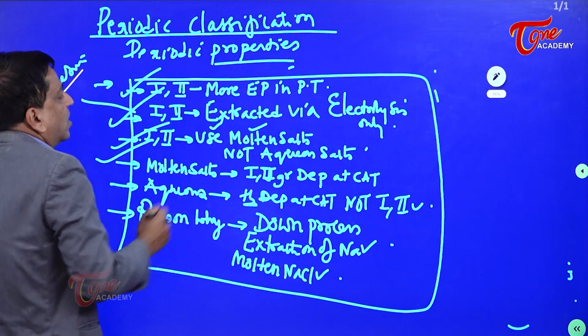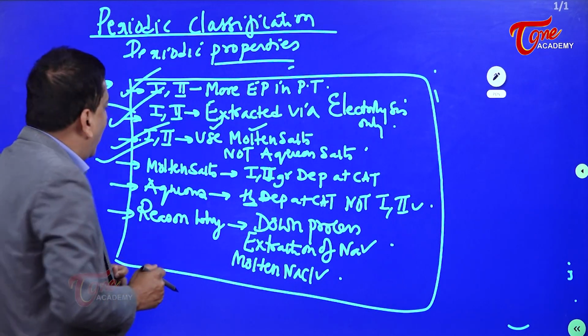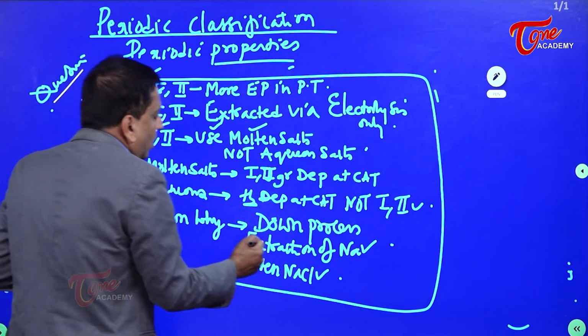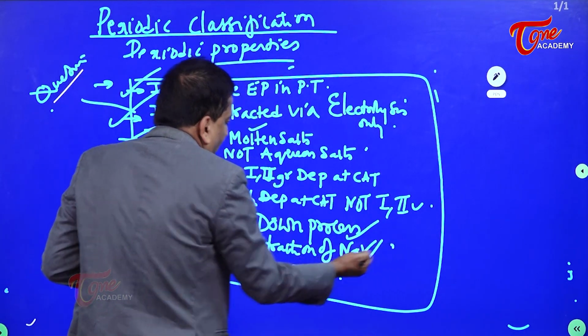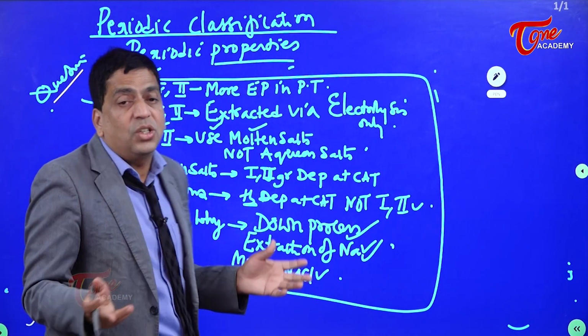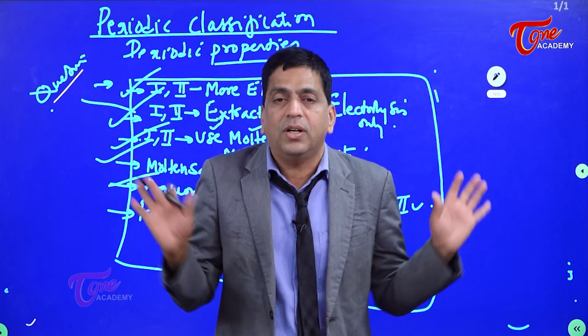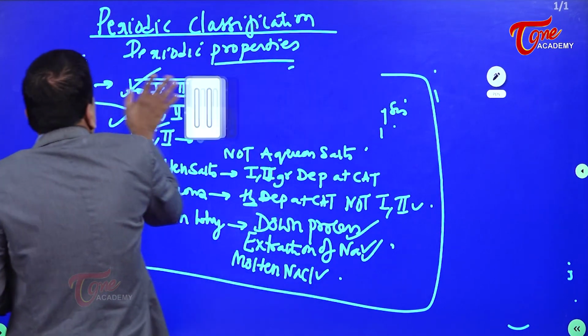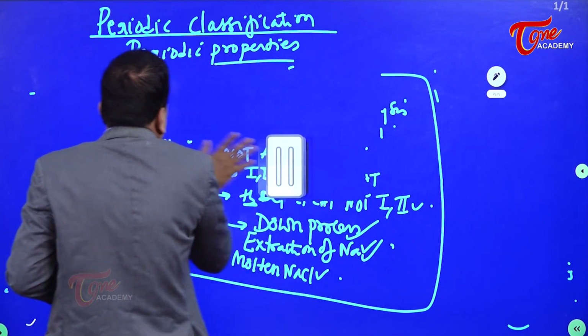With molten salts, the first and second group are deposited at the cathode. And with aqueous salts, you always get hydrogen. That's the reason why the Downs process used for extraction of sodium uses molten NaCl and not aqueous NaCl, you must understand. If you want more clarity, then watch carefully. Right?